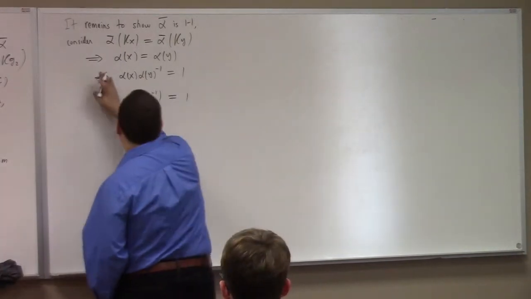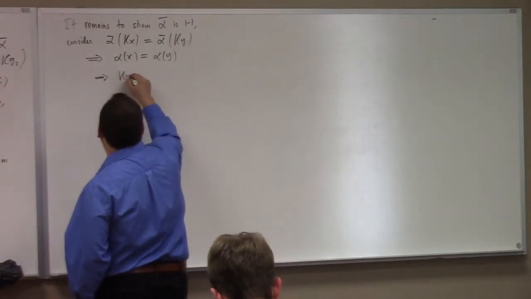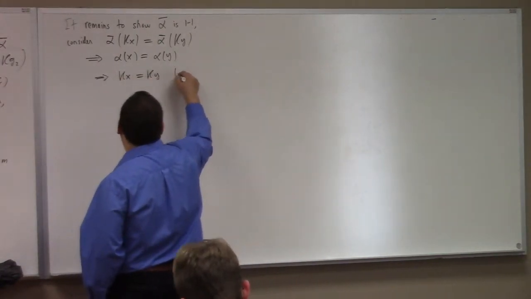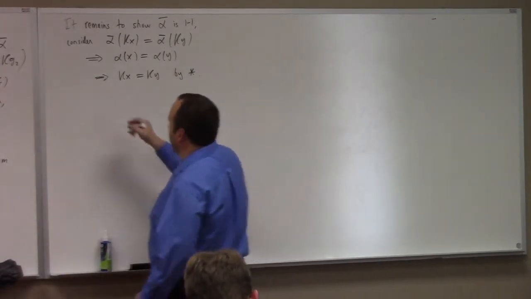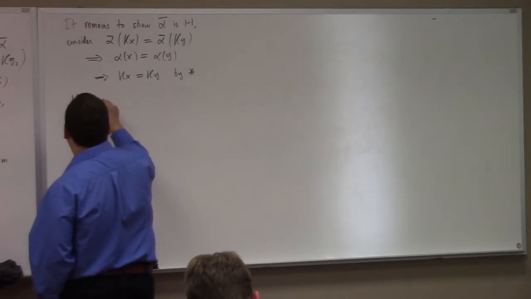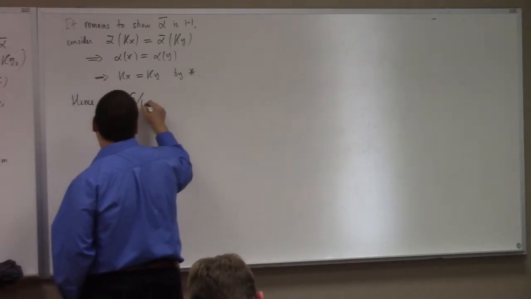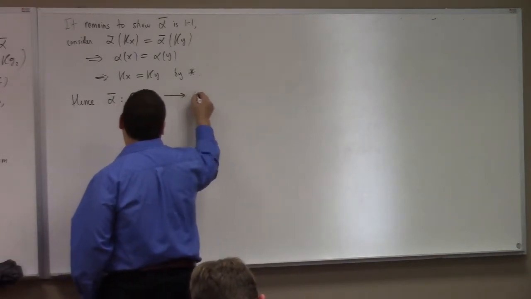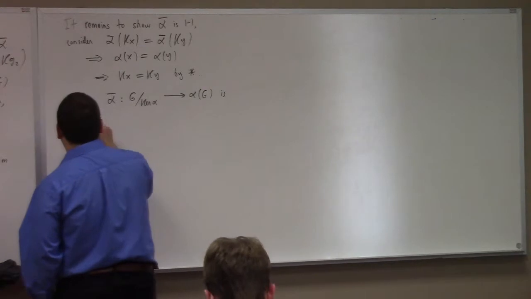Okay. Sorry, let me be lazier. Thank you. Very good. Hence, alpha bar going from G mod the kernel of alpha to the image of alpha is an isomorphism.